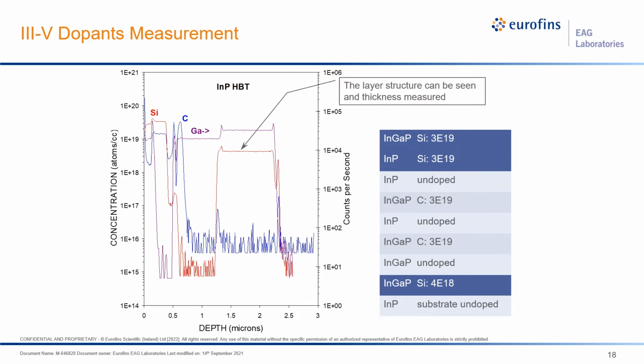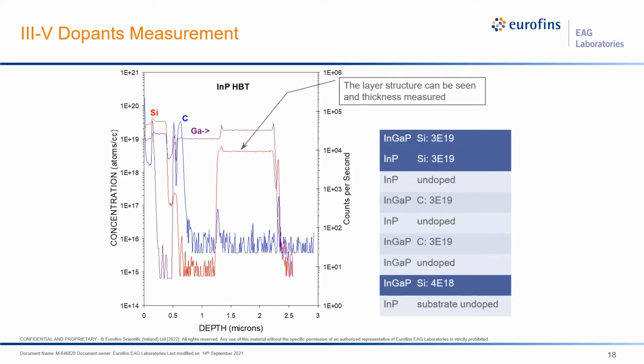We can see that there is a carbon spike at the collector junction and subcollector junction here, and it is possibly due to a growth interruption. One thing that I want to point out is that this gallium plot is plotted as raw intensities to the right-hand axis as counts per second.